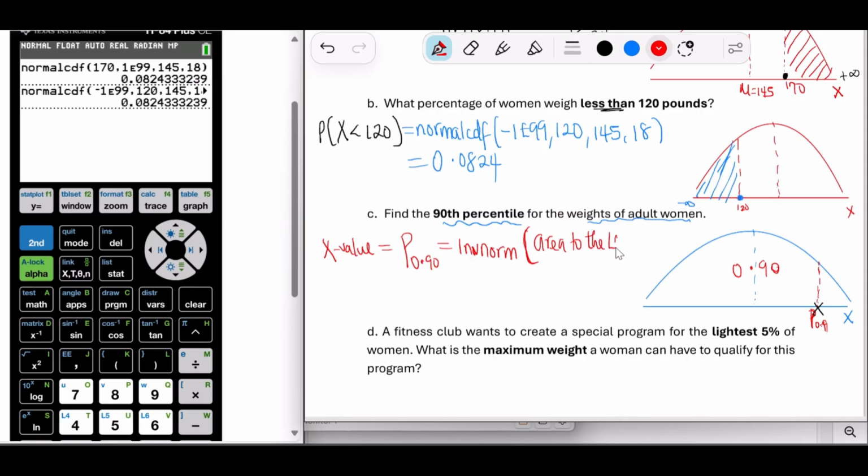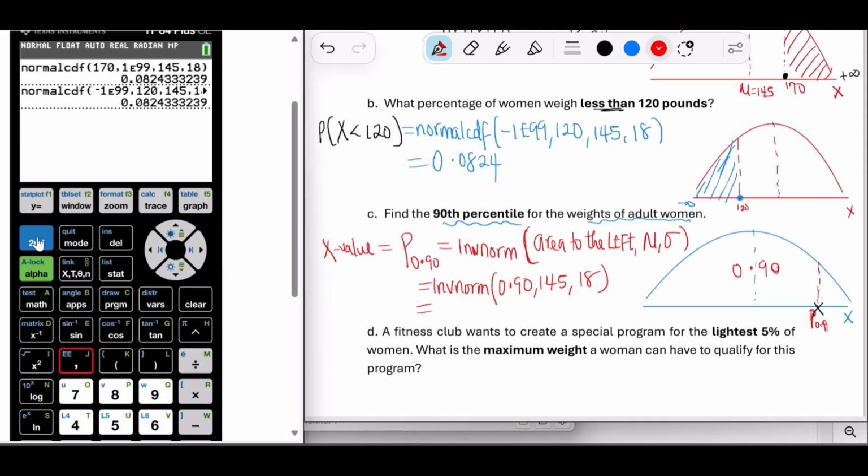We consider the area to the left, comma mu, comma sigma. And if you look at the area to the left of this, here we have 0.9, because to the left up to this place is 0.9. Comma mu, which is 145, comma sigma, which is 18.